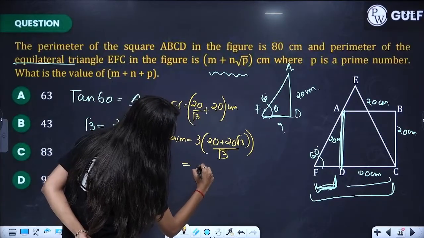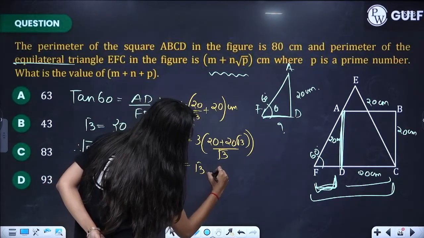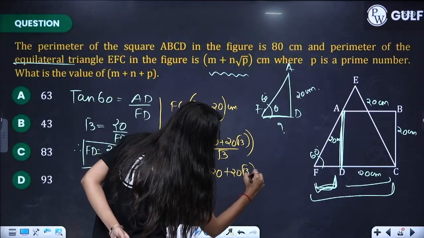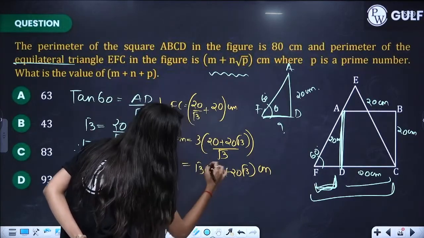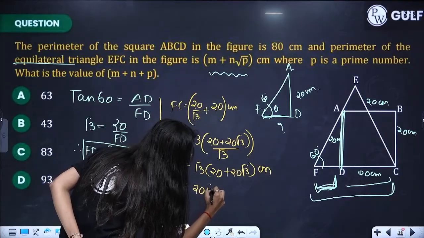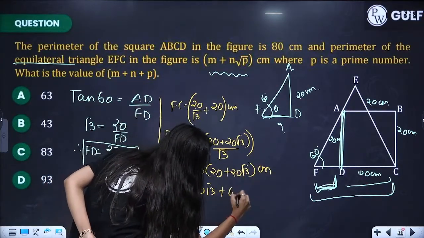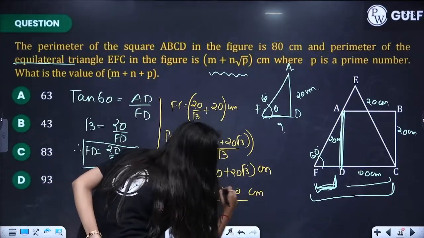You'll be getting root 3 multiplied by 20 plus 20 root 3 centimeters. Multiply the root 3 inside, you'll be getting 20 root 3 plus root 3 into root 3, 3 2s are 6, 60. Okay, 20 root 3 plus 60 centimeters.